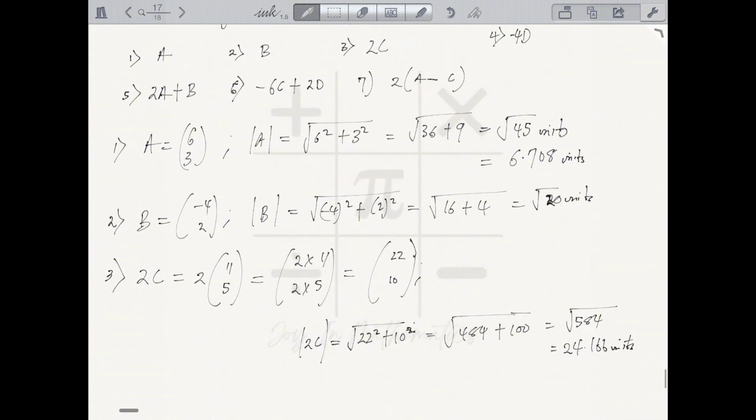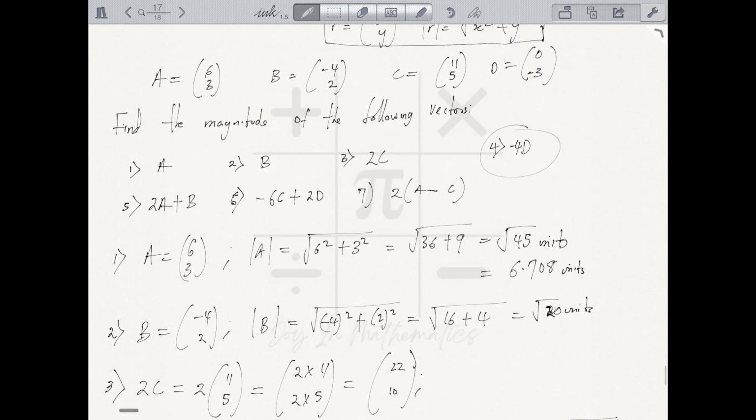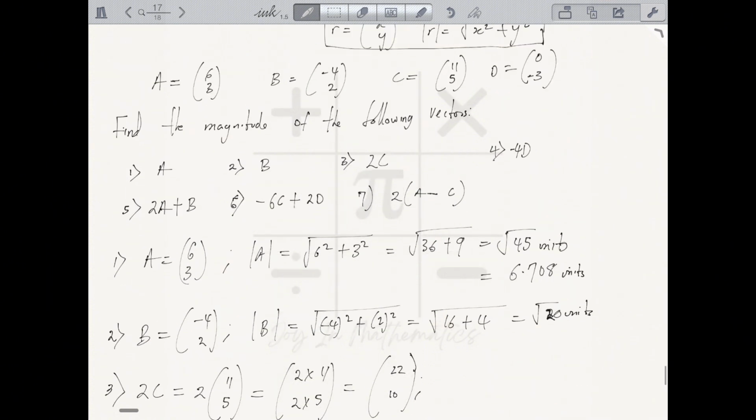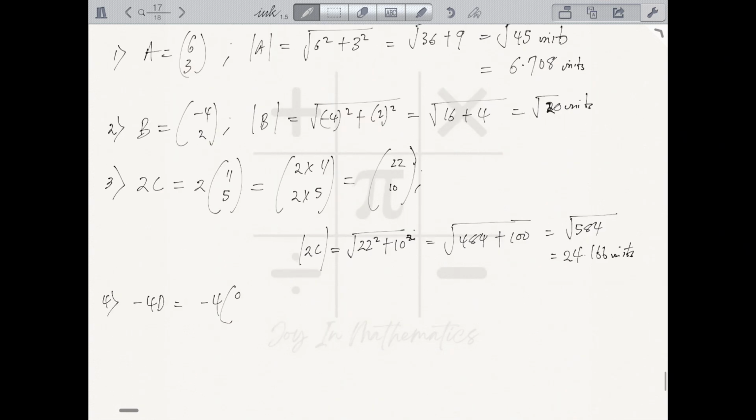Okay, so now let's get question 4, which says we should evaluate the magnitude of -4d. The vector d is equal to (0, -3). If you take the scalar multiplication, we have -4 multiplied by 0 and -4 multiplied by -3. So this will result in (0, 12).